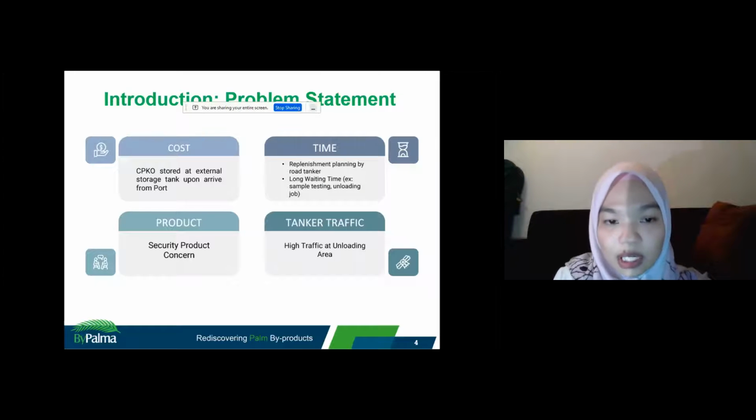In terms of product, by tanker, we are concerned about product security. And for the tanker traffic, the high traffic at the unloading area must be too tight, because the space versus the incoming tanker is much.